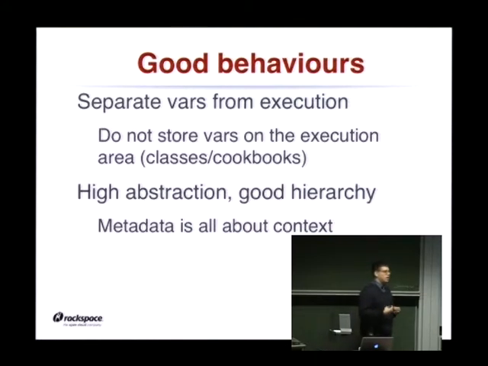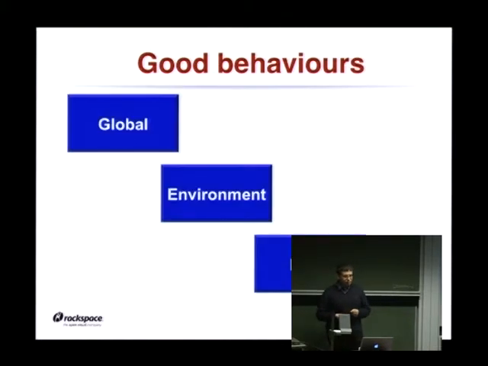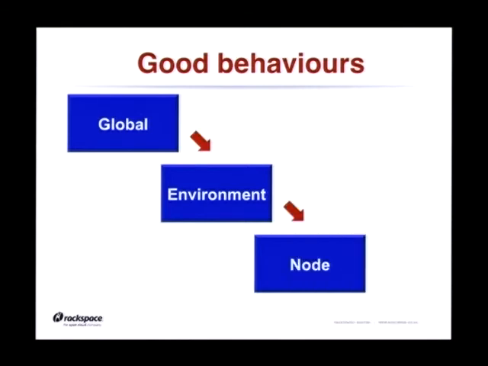And having a high abstraction of your variables, being very clear about it, say, being a better programmer than I am personally, makes all of this a lot easier. So the good behavior, as I said, would be declaring global, then that being modifiable by the environment, and that at the same time being modifiable by the node.